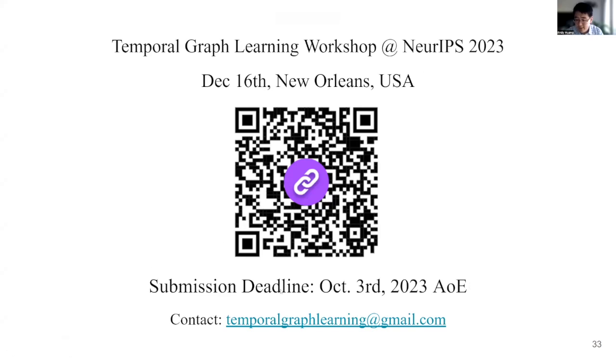The submission deadline is October 3rd, which is next Tuesday, I believe, anywhere on Earth. So if you want to submit your temporal graph learning based work to the workshop, you are very welcome to. And we will also be in person at NeurIPS if you want to connect, and also at the workshop, of course. And this will happen on December 16th in New Orleans. And you can also contact the workshop email with any question you have.